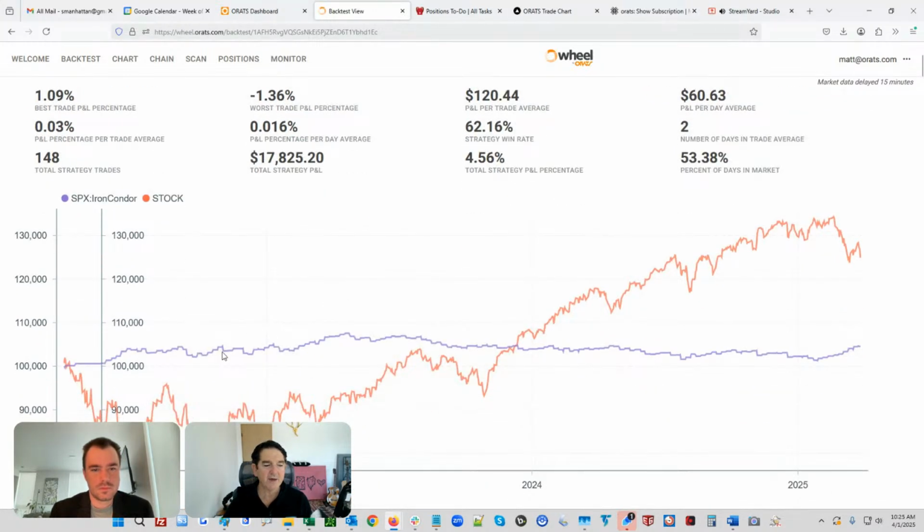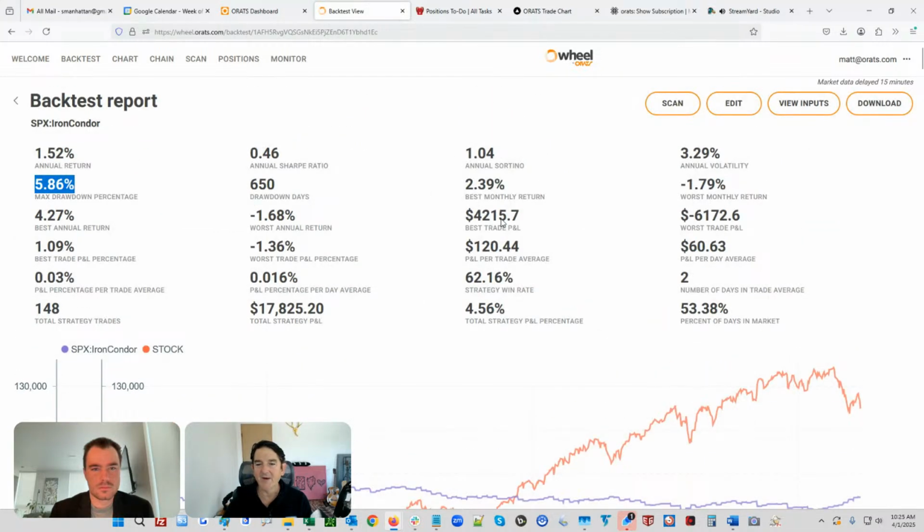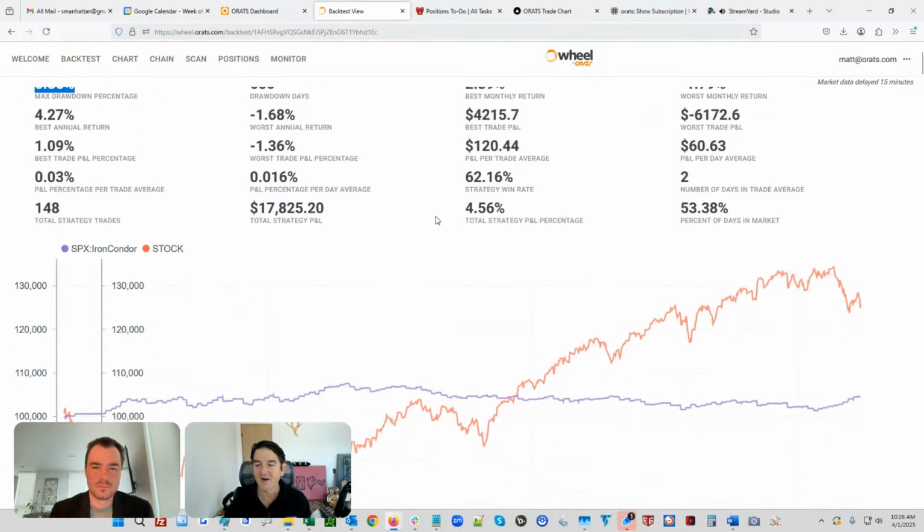So here's how the strategy did, okay. We haven't really optimized; this is just kind of a starting point for people to start to test how they want to do a double diagonal, because there's so many different things you could adjust. There's a lot of moving parts here.